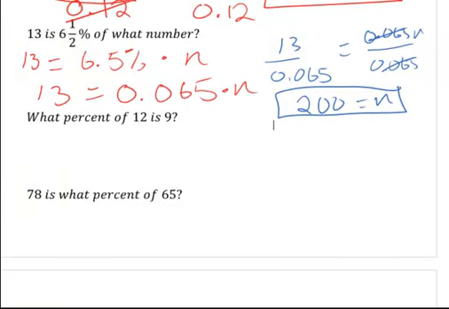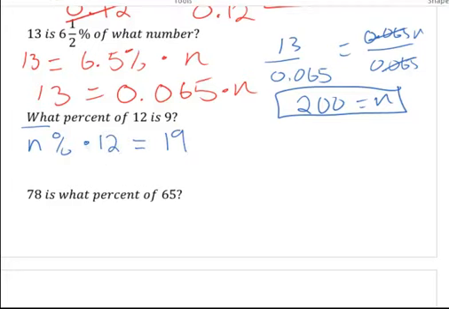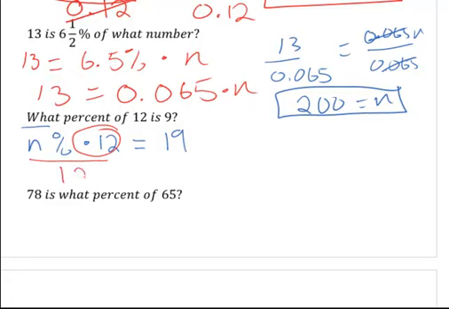The next one says, what percent of 12 is 9? I see the word what, so I'm going to write n. Since I see a percent next to it, I'm going to write n%. Of means to multiply by 12 equals 9. Again, I'm trying to get my n by itself, but right now it's being multiplied by 12, so I'm going to do the opposite.